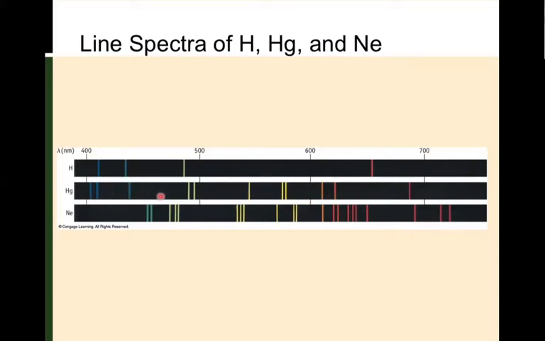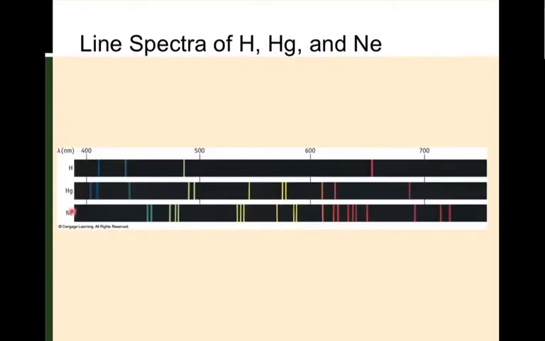They correspond to those transitions between the orbits. Neon as well has a different fingerprint. Some of the lines are similar, but ultimately enough of them are different that you can form a fingerprint. It's like our fingerprints: some of them have similar lines to other people's, but when you put the whole thing together, each one is more or less unique to each person.